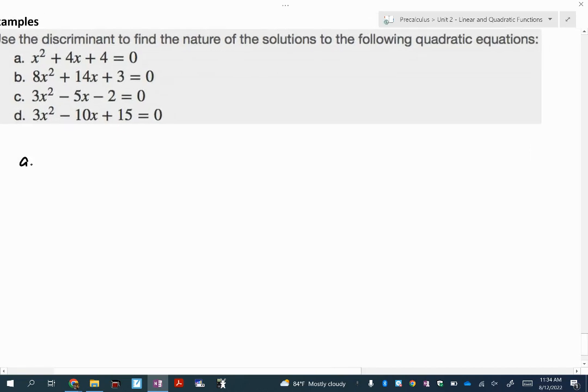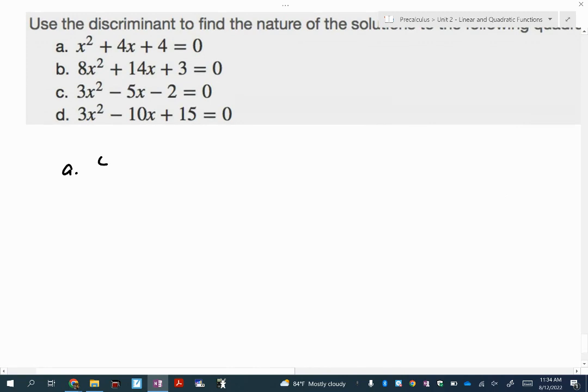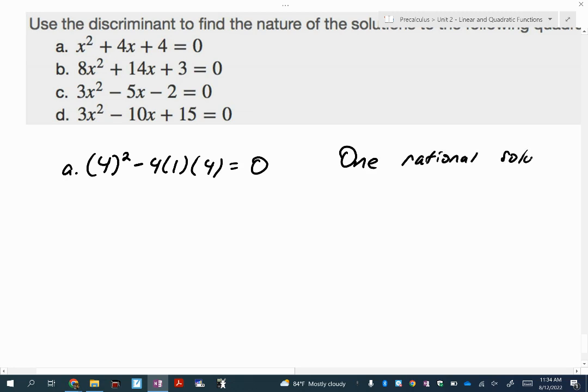So part A, we have b squared minus 4ac, which is going to be 4 squared minus 4 times 1 times c. So that's 16 minus 16, which is 0. So that means I have one rational solution. Again, if you need to look at the table, please feel free to look at the table to make sure you're getting the correct stuff here.